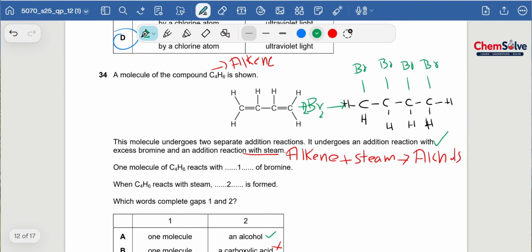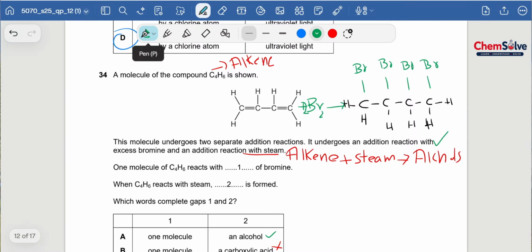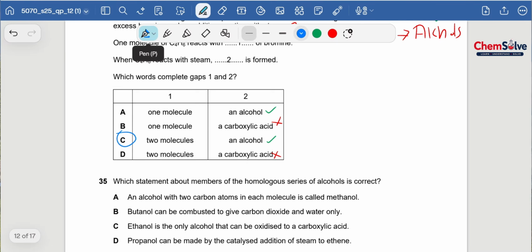So as you can see, two molecules of bromine are being added here. So option C is the correct option.